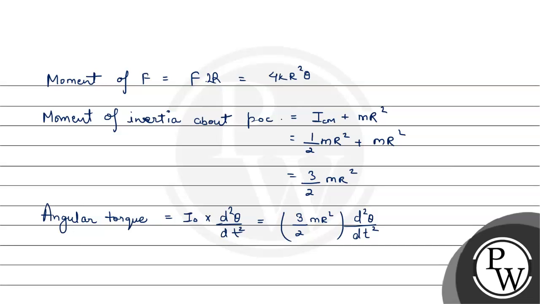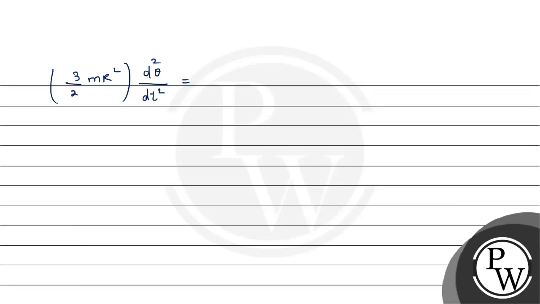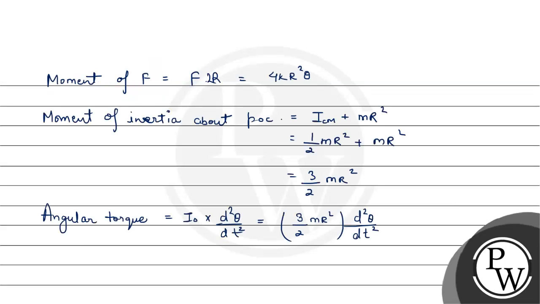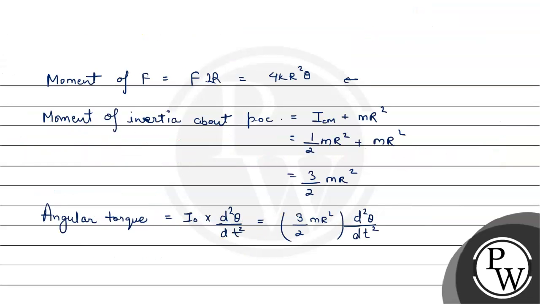Now we have found the angular torque, so we can equate it. The angular torque is found out to be 3 by 2 mr square times d2 theta upon dt2. It will be equal to the moment of force we have found, in the negative direction, because the angular torque is in the clockwise direction, so they are both opposite.